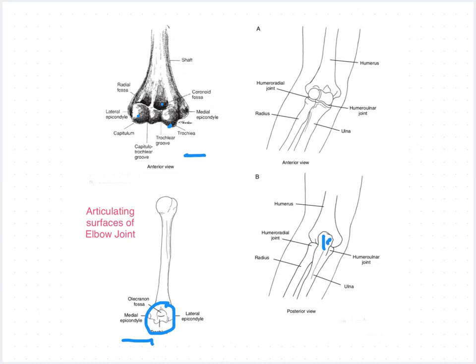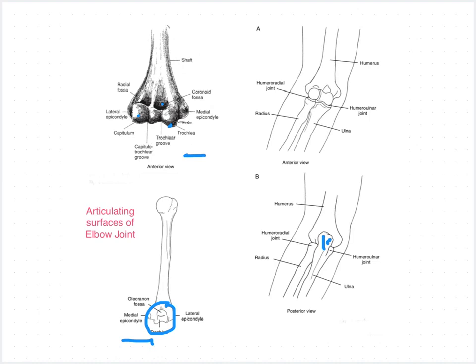Whereas on the posterior aspect, there is a deep indentation called the olecranon fossa. This fossa is designed in such a way that it is fitted by the olecranon process during the full range of extension. This is about the articulating surfaces of the humerus.